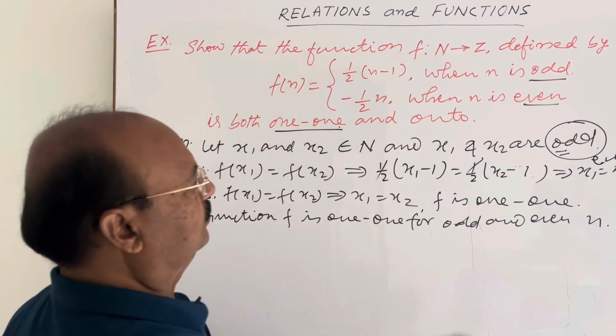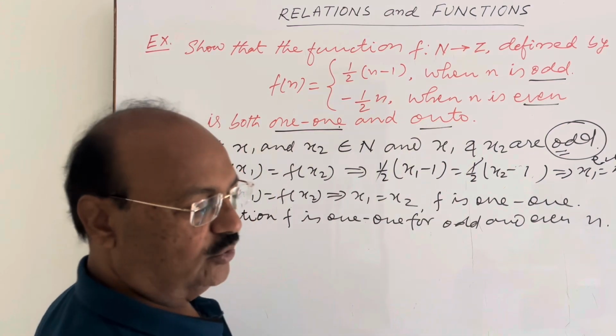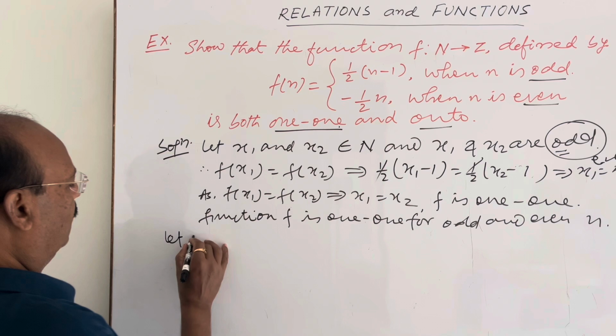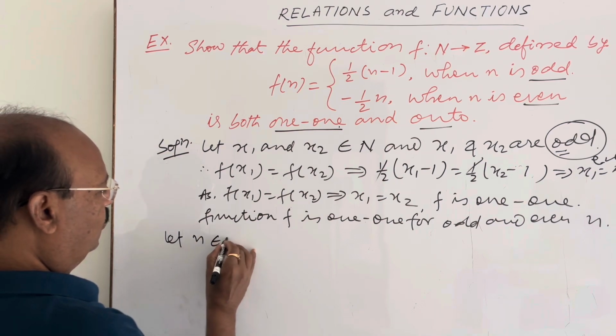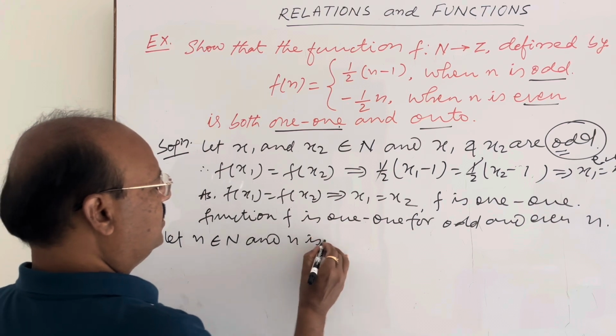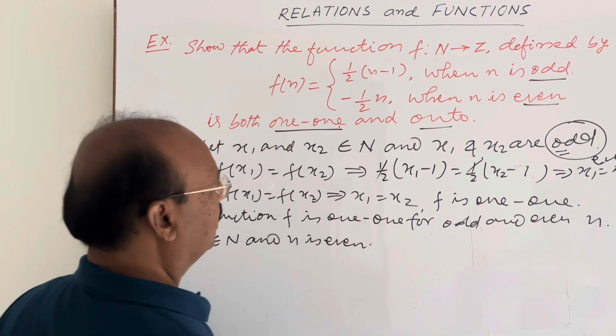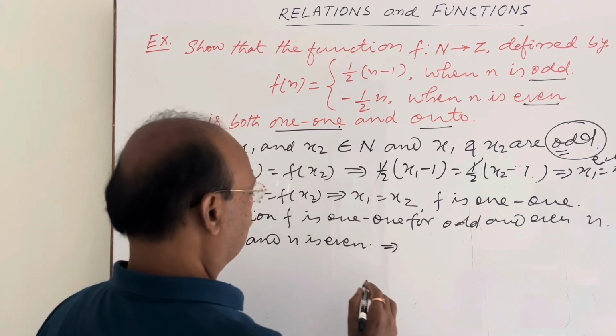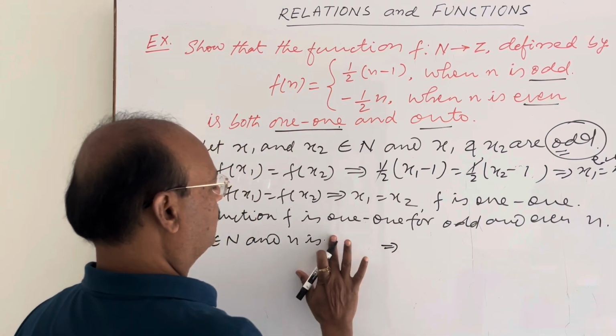So this first part has been proved. Now we have to show that this is onto, the second part. Let n belong to the set of natural numbers and n is even. If n is even, then naturally we'll start with odd.